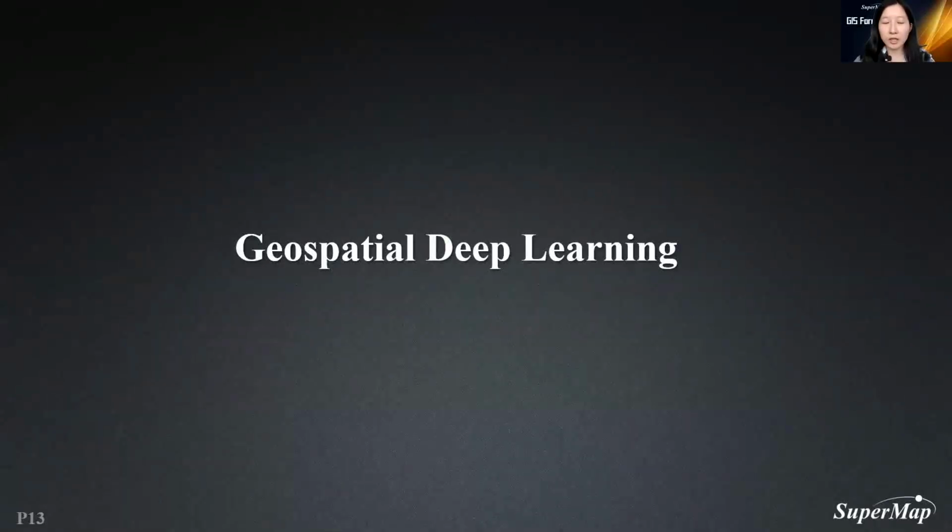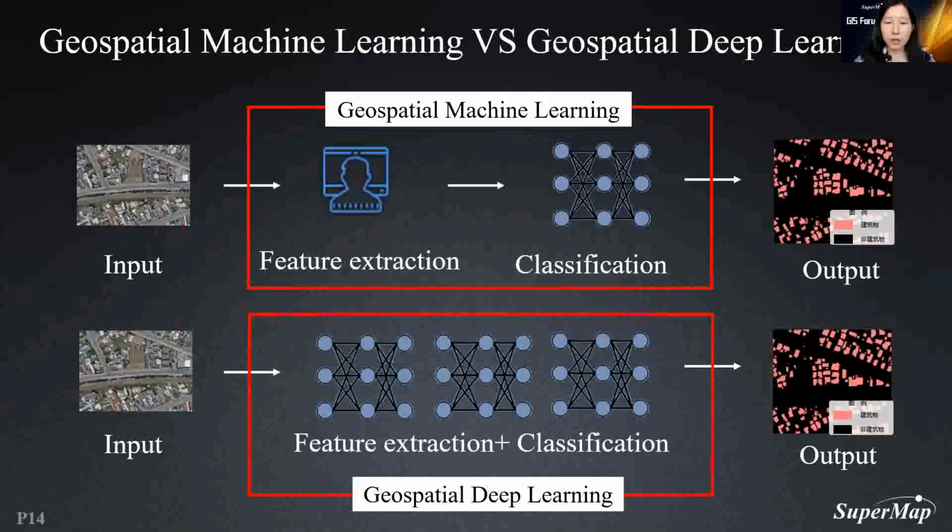Next, let's take a look at geospatial deep learning. Before that, we need to clarify the difference between the geospatial machine learning and the geospatial deep learning. The application of both algorithms includes four processors: inputs, feature extraction, classification, output.